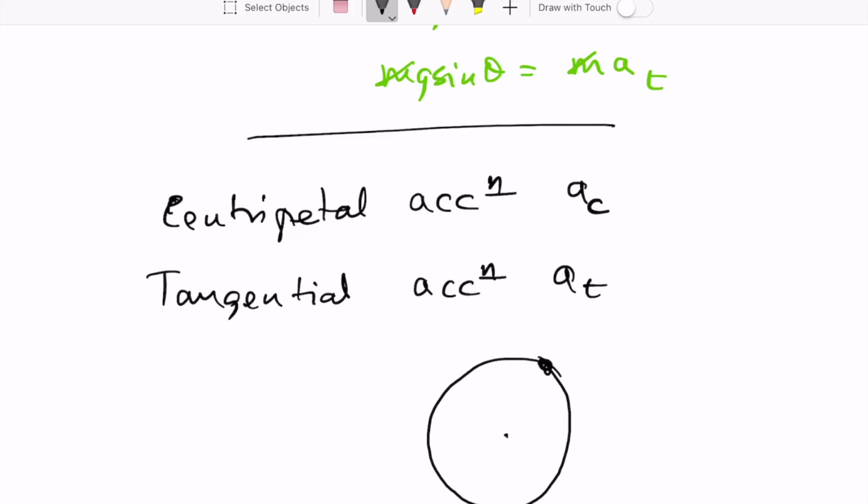It has a centripetal acceleration which points towards the center of the circle, a_c, and it has a tangential acceleration. If it's speeding up, let's say, it has a tangential acceleration speeding up in the counterclockwise direction. So its tangential acceleration would be tangent to the circle like that. So let me just draw a nicer diagram. Let me just make this really tangential.